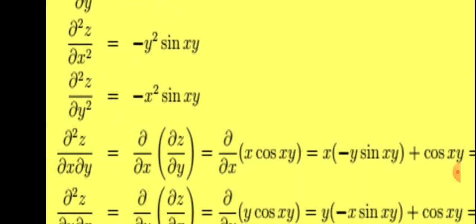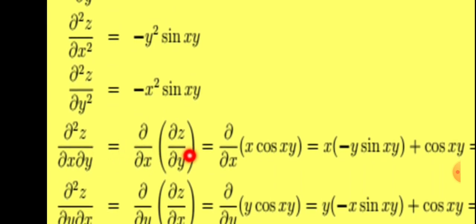Partial squared z partial x partial y, you can write it in the form partial x of partial z partial y. Here we have partial z partial y from the previous steps equals x cosine xy. Now you have to find partial x of x cosine xy. You have a product here, x times cosine xy, with x in the first and in the second, so you have to apply the product rule.